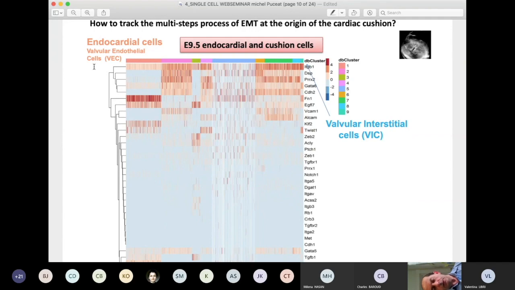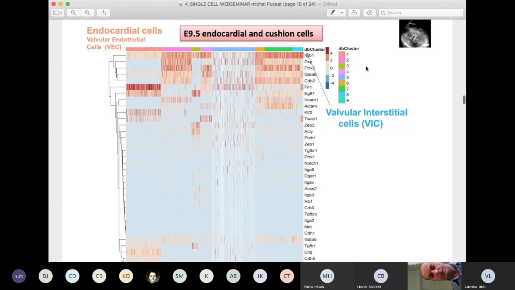So this is just a heat map showing that indeed you see from different clusters, we will see much better in the next slide, but you see that we can see, for example, at the left, all the cluster of endocardial cells with typical endothelial genes like PECAM, like the VE-cadherin that you see at the end.